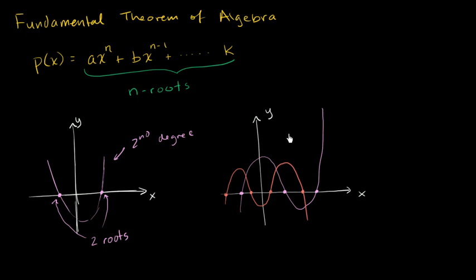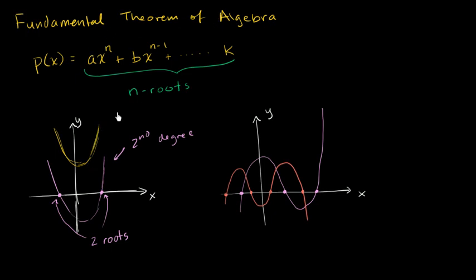But then you might start to remember things that don't always behave in this way. For example, many times we've seen parabolas, second degree polynomials, that look more like this, where they don't seem to intersect the x-axis. So this seems to conflict with the fundamental theorem of algebra.